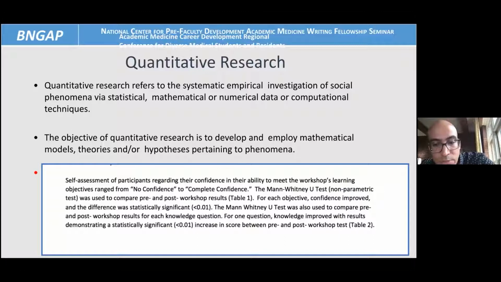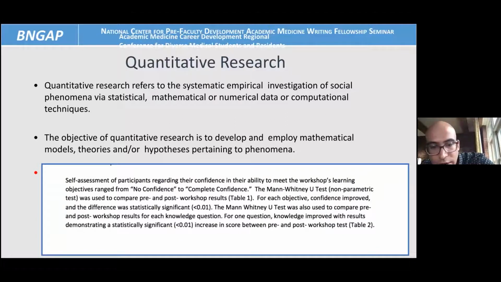And then for each objective that they looked at, they described that confidence improved and that the difference was statistically significant. Certainly in the table they showed what the average confidence score was, but in writing it out, all they had to state was that the confidence improved, and they listed the confidence interval at which statistical significance was achieved.